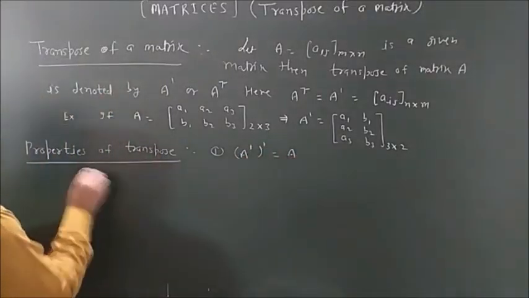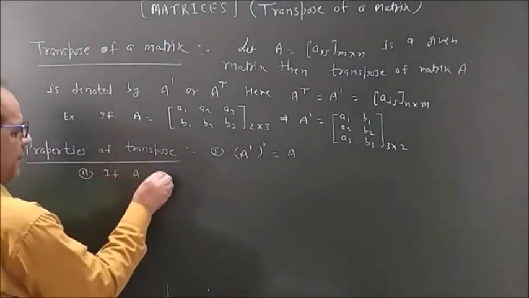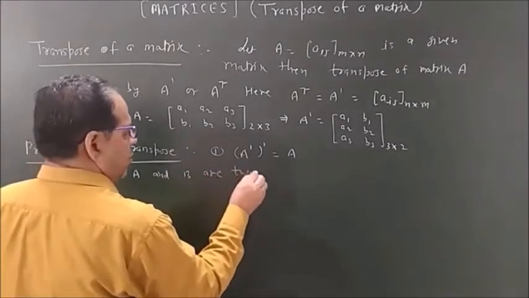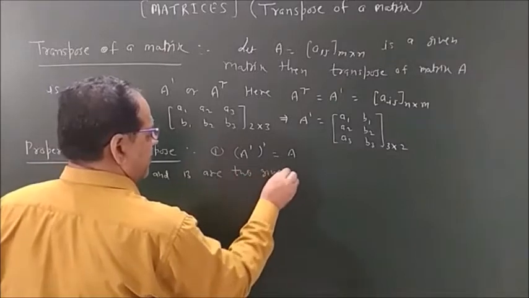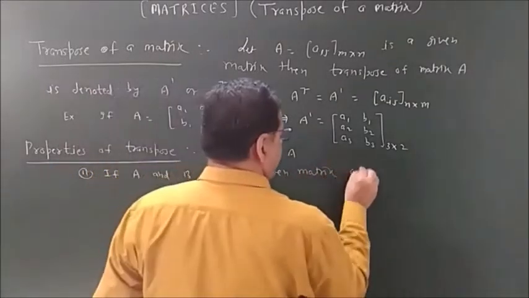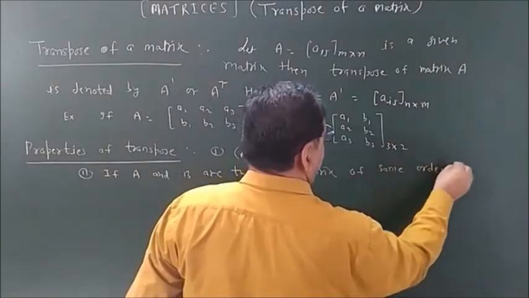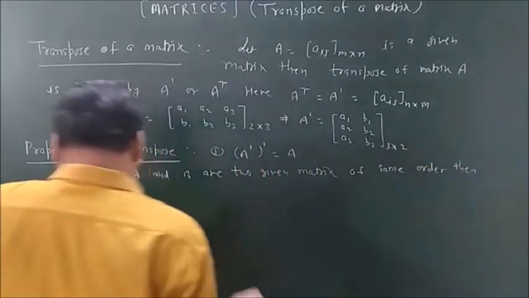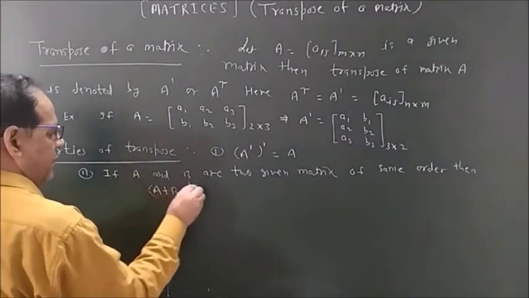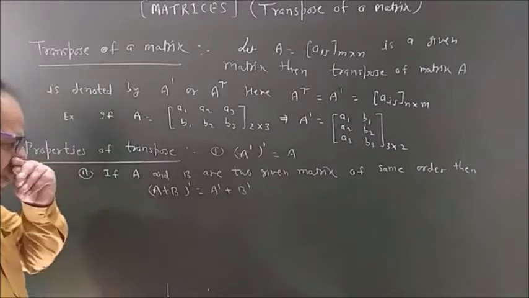Second, if A and B are two given matrices of the same order, then A plus B whole transpose equal to A dash plus B dash.